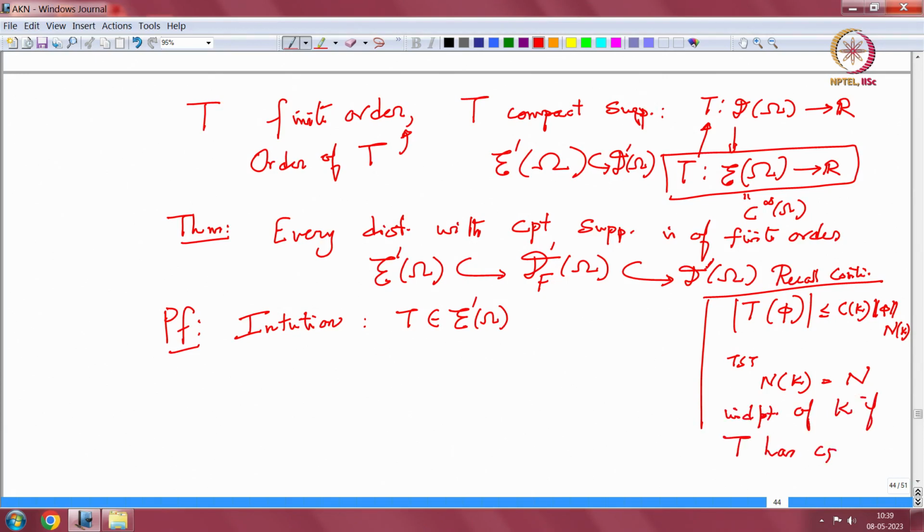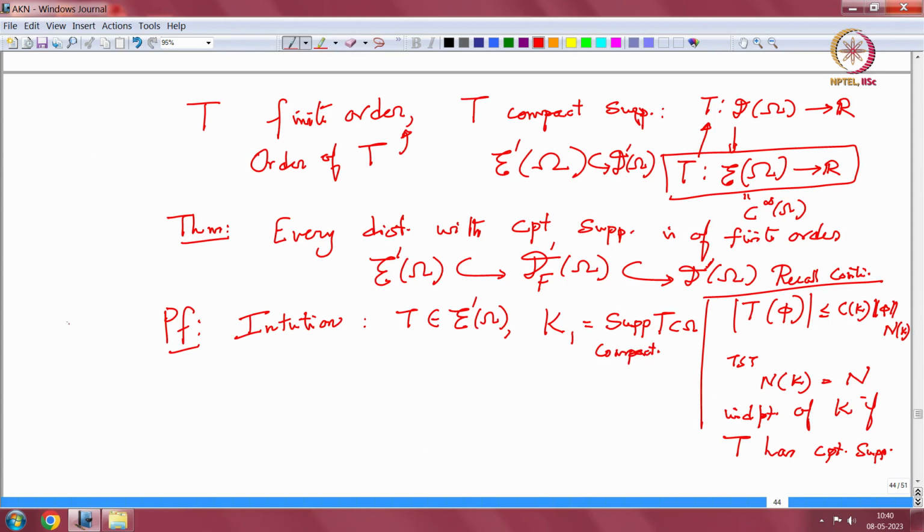Look at the idea. Let me take K1 equal to the support of T, which is contained in omega, compact.